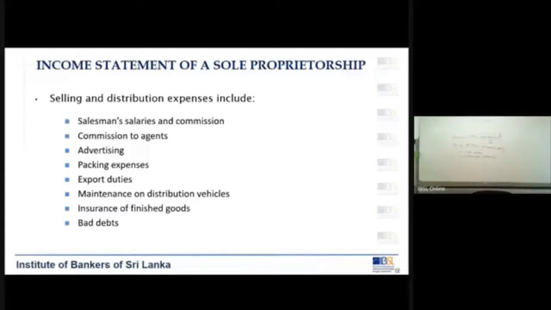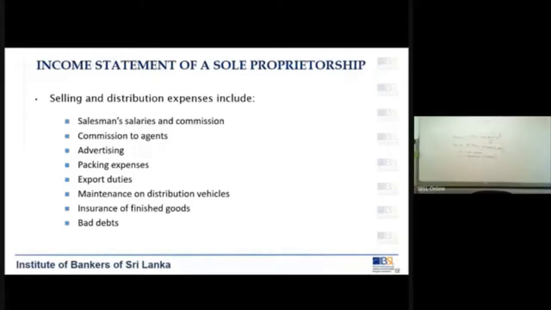So in order to get protection, you have to get all the products as well as your shop insured. You might have to incur large costs to insure your products. And that also becomes part and parcel of your selling and distribution expenses.